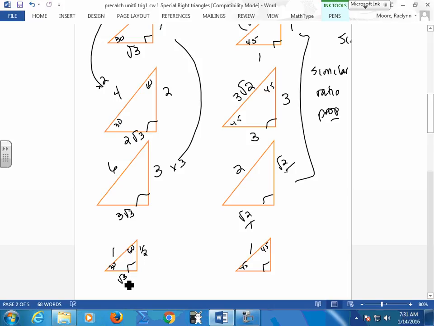Radical 3 over 2 is off the 60. Good. Okay, what about these guys? Divide by radical 2. Very good. If this is radical 2 and I want to get a 1, I'm going to divide it by radical 2. That means I have to divide 1 by radical 2 and 1 by radical 2.